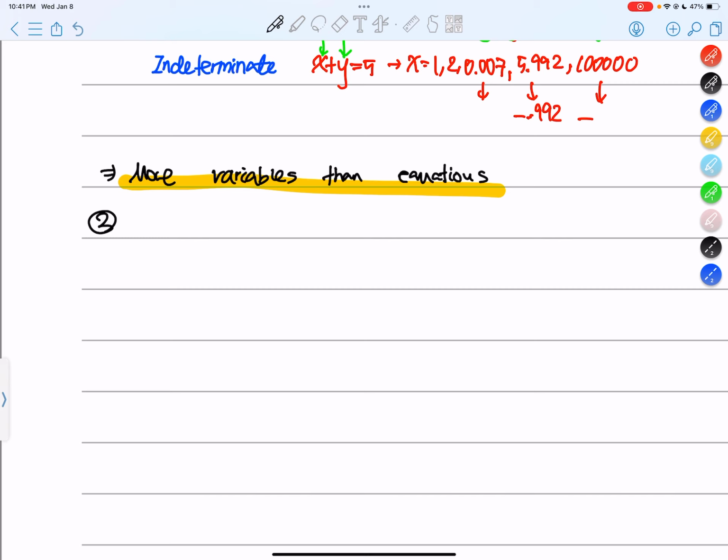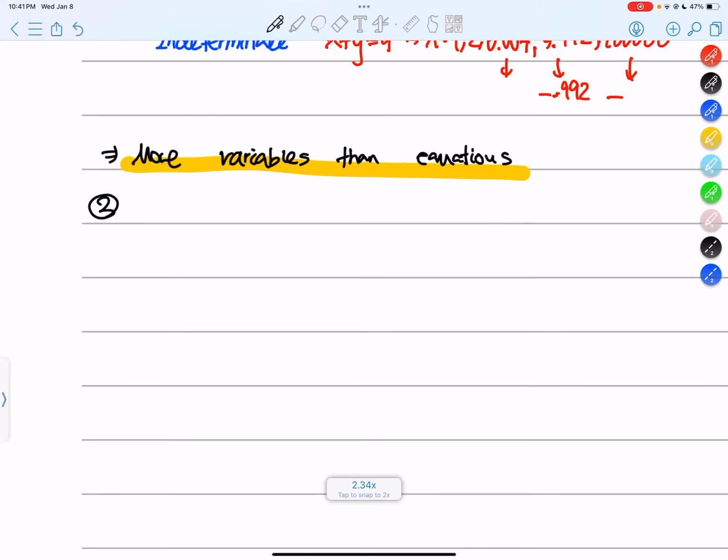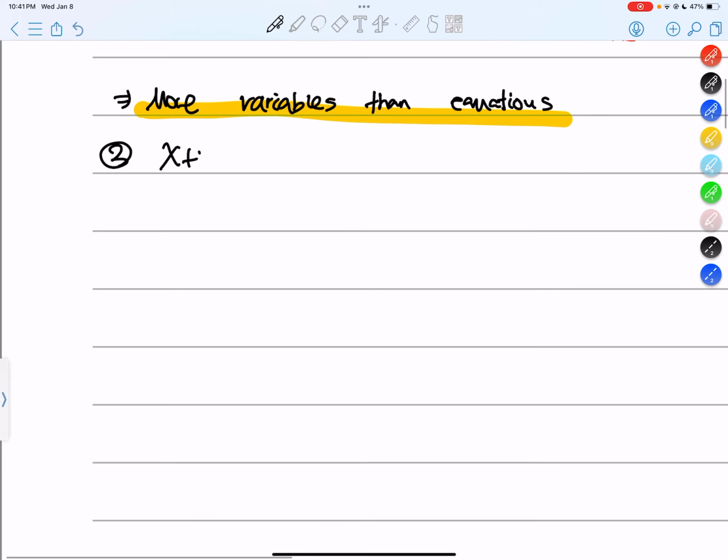Okay, so let's look into some practice questions. So we'll jump right into a lot of the harder things. Yeah, let's get right into it. So let's say x plus y equals 3. And x and y are both integers.